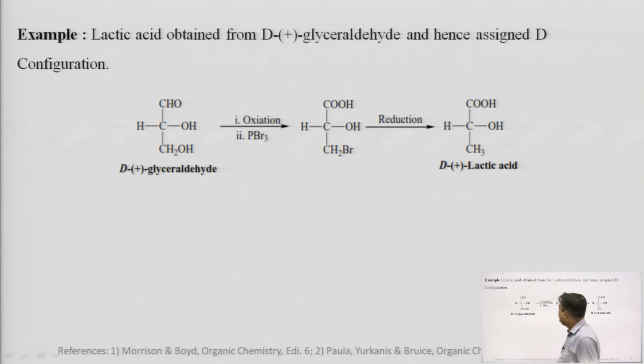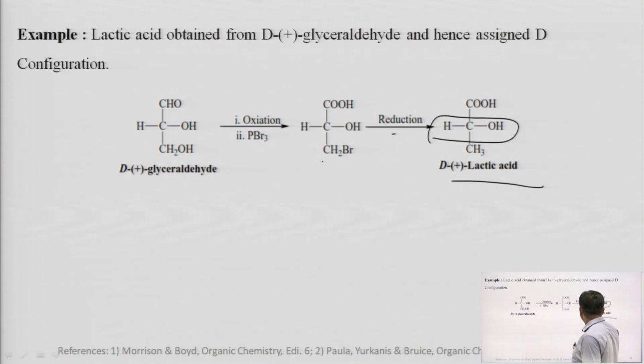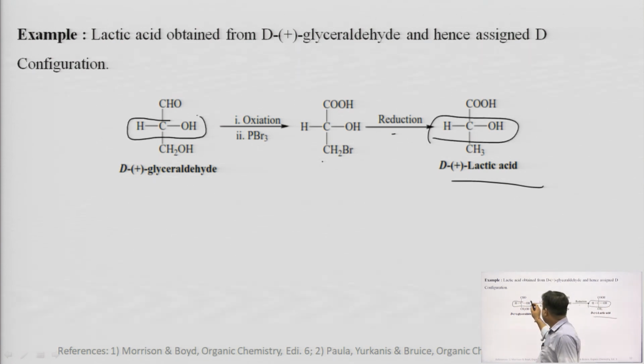Here you can see D glyceraldehyde. Oxidation and then reduction occur, and from D glyceraldehyde we get lactic acid. As per the rule, this lactic acid has the same configuration on the second carbon as D glyceraldehyde.